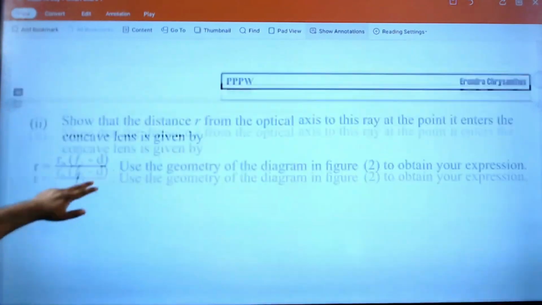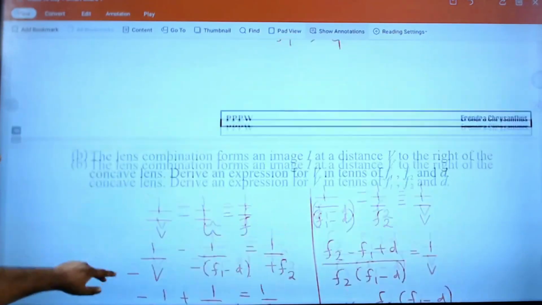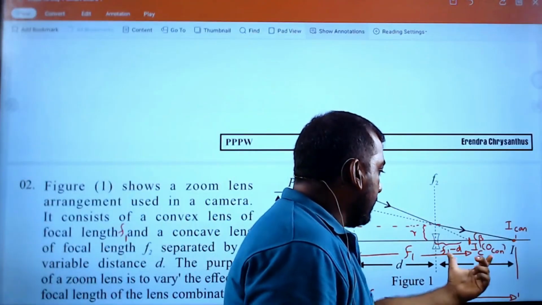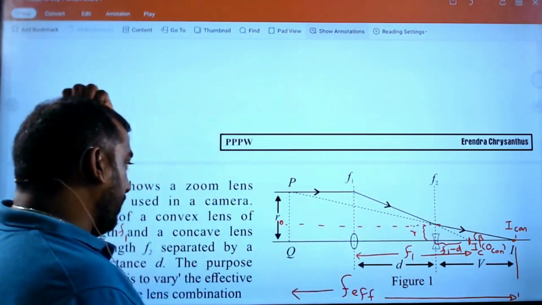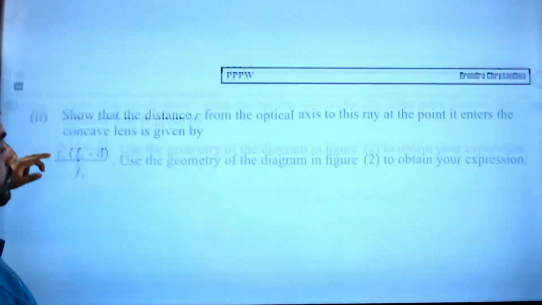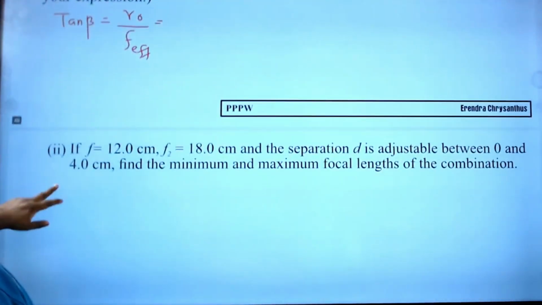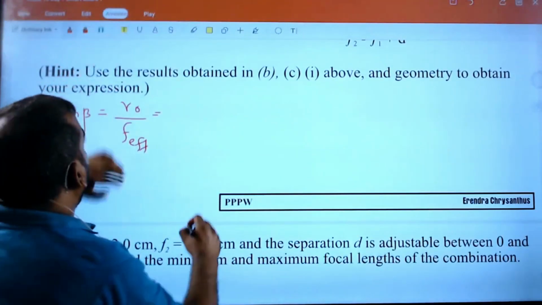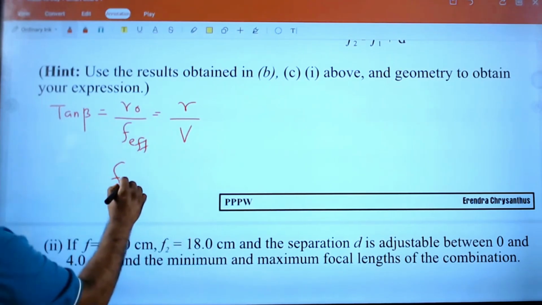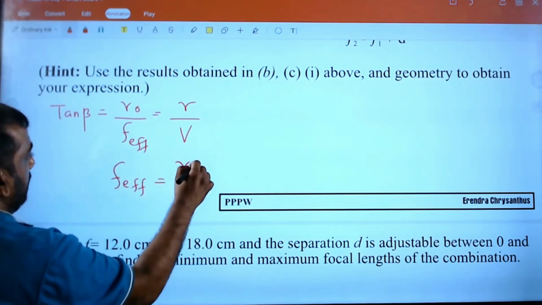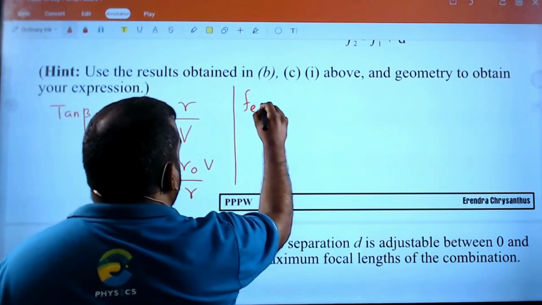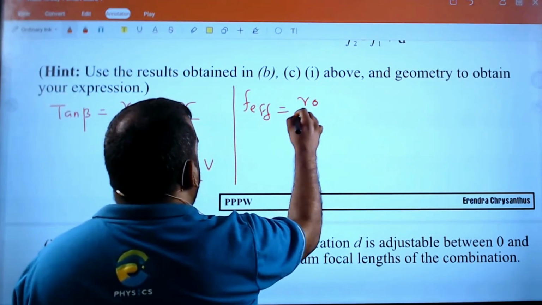Also we can say tan beta is opposite over adjacent, here R over V. Effective focal length is R naught V over R. Effective focal length R naught over R.